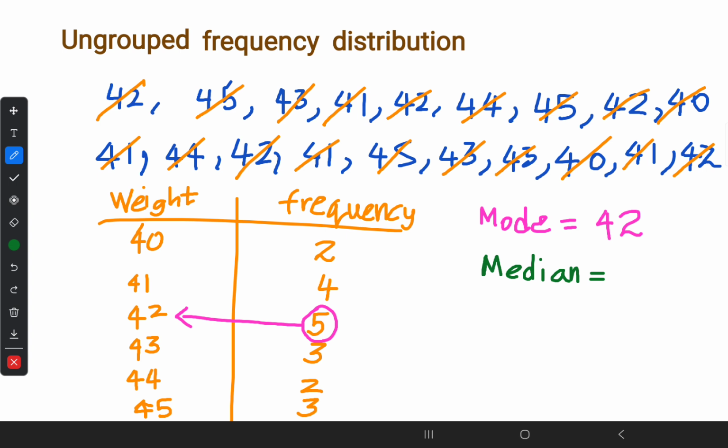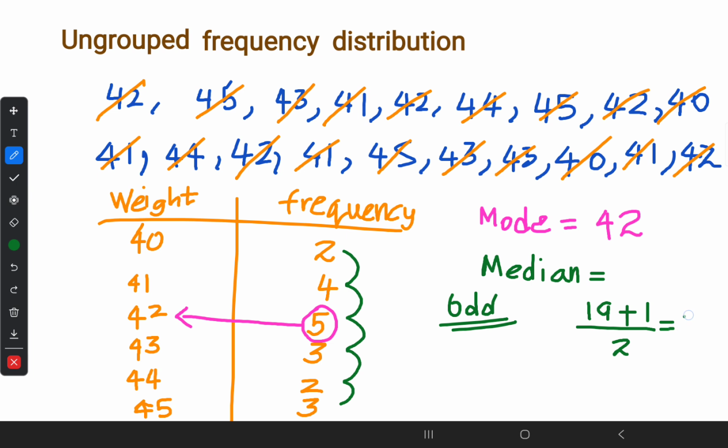So I will take the sum. 2 plus 4 is 6, plus 5 is 11, plus 3 is 14, 14 plus 2 is 16, plus 3 is 19. The number of frequencies is odd, 19. So with that you should add another 1. 19 plus 1 divided by 2. 19 plus 1 is 20. 20 divided by 2 will give you the 10th place.